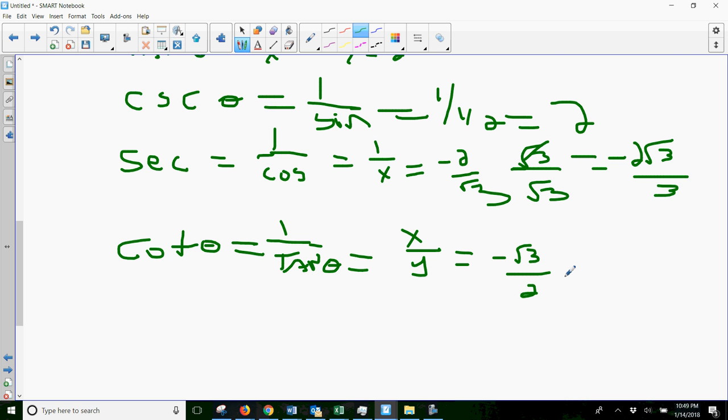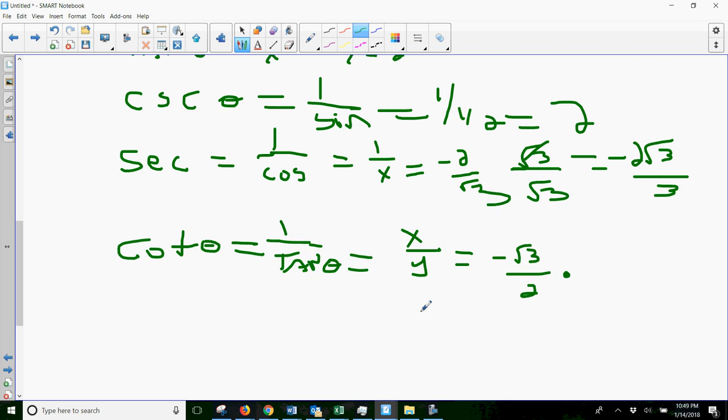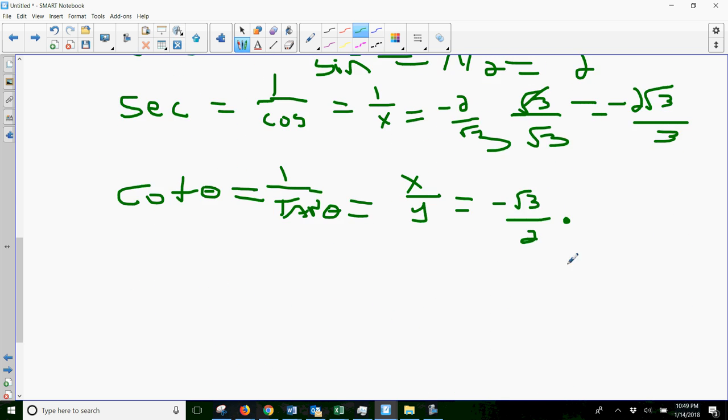And then when we divide fractions, again, we multiply, then we flip the next one, so y was 1/2, so this is just going to become 2. Okay, 2 is going to cancel out, and we're just going to have negative square root 3. So there you go, those are the 6 trigonometric functions.